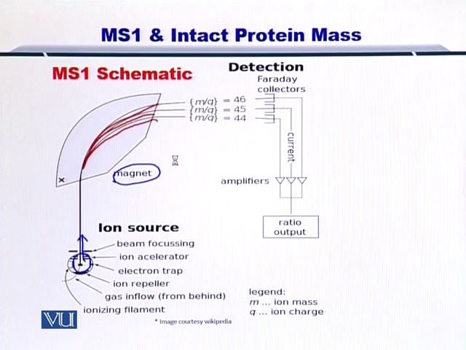Once your molecules enter the magnetic field and are separated by the magnet, then you can measure their mass over charge ratios as shown here. The charge is assumed to be 1 in this case.